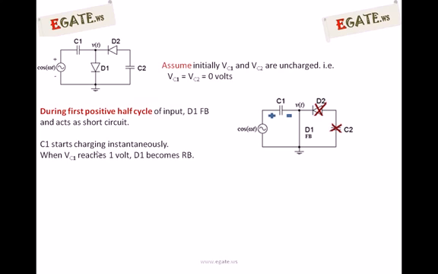The time constant is denoted with tau and its unit is seconds. Tau is equal to R into C, where R is the effective resistance in the path and C is the effective capacitance in the path, that is, the path in the circuit where the current is flowing.